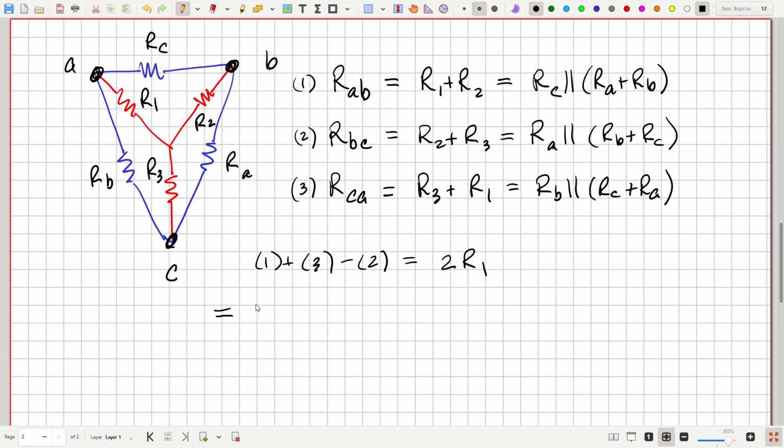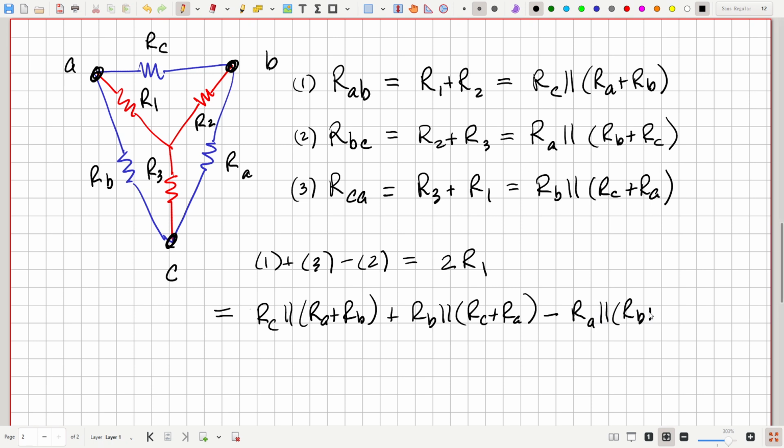So it's going to be RC parallel RA plus RB, plus RB parallel RC plus RA, minus RA parallel RB plus RC.